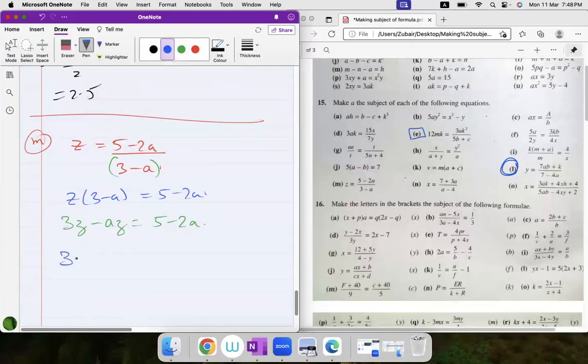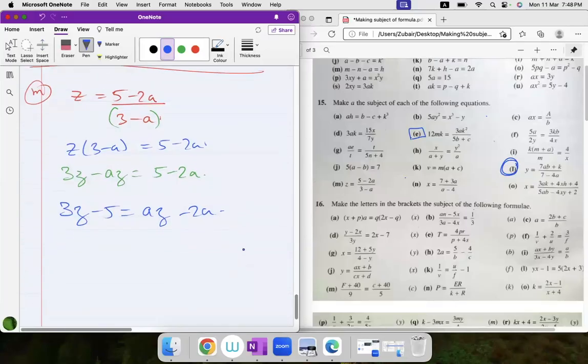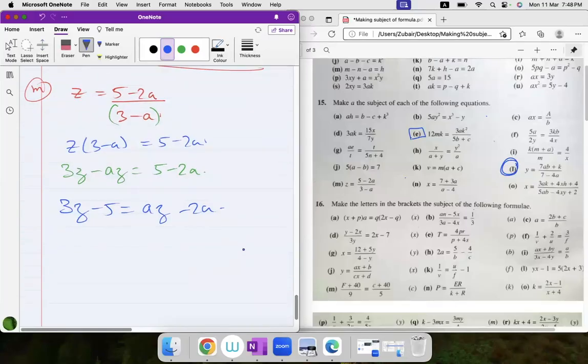So 3 minus 5 is equal to AZ minus 2A. So I moved the other side first, cross multiply, then add, subtract. And finally, taking out A as common is Z minus 2. And leave A alone, 3Z minus 5 over Z minus 2 is A.